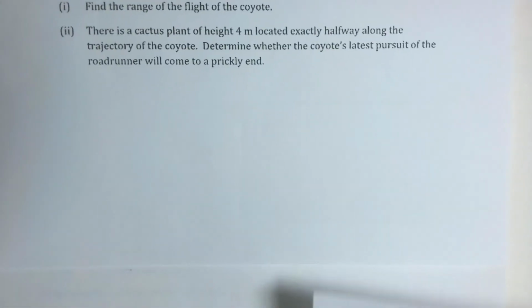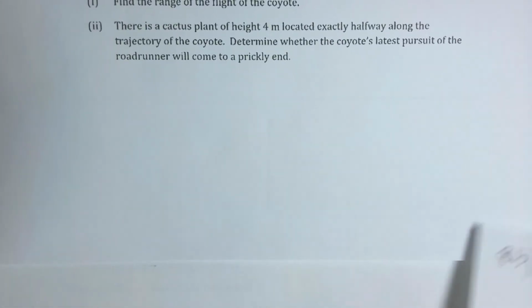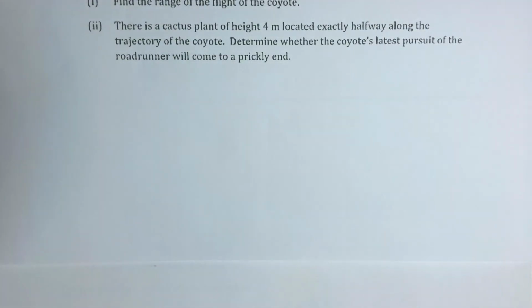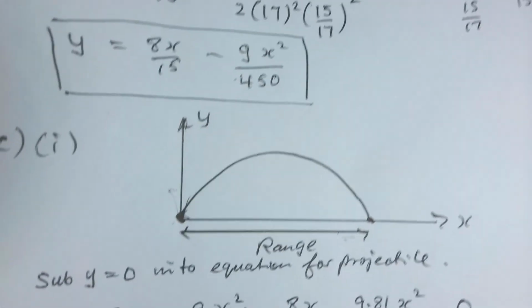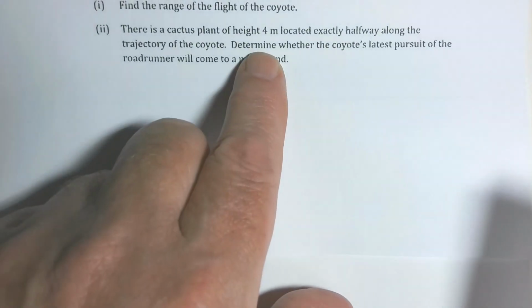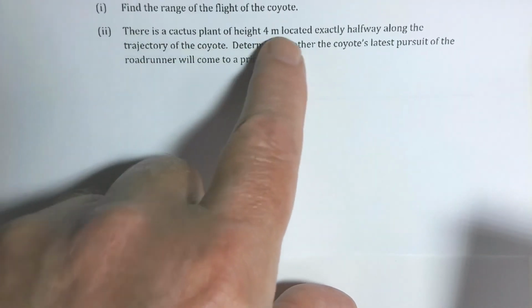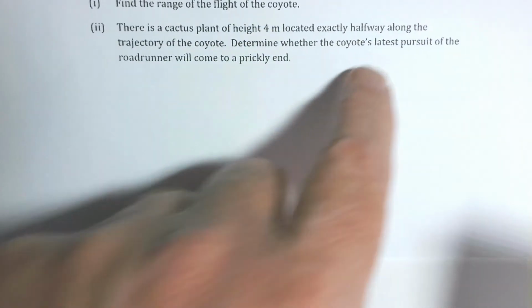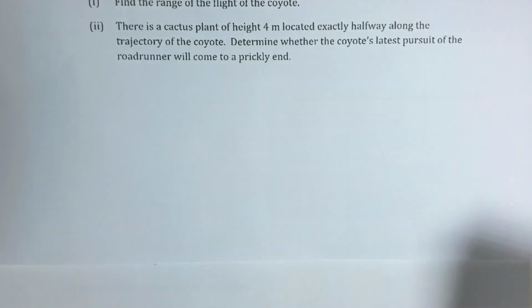Okay, that's 8C part 1, and then it says there is a cactus plant 4 meters high, exactly halfway along the trajectory of the Coyote. Determine whether the Coyote lands on the cactus.